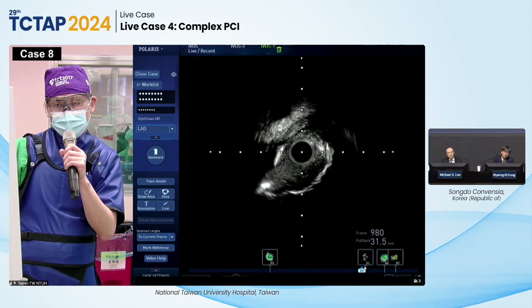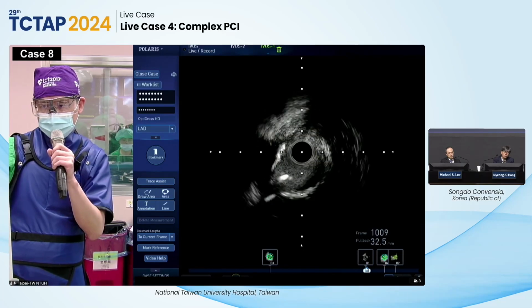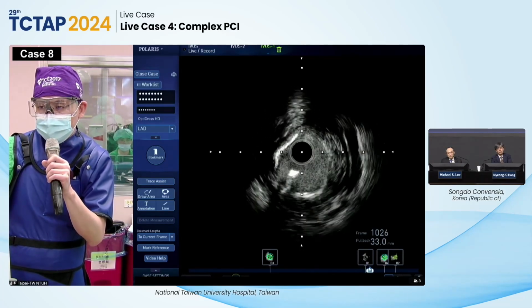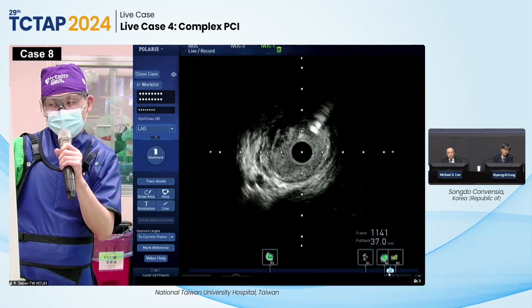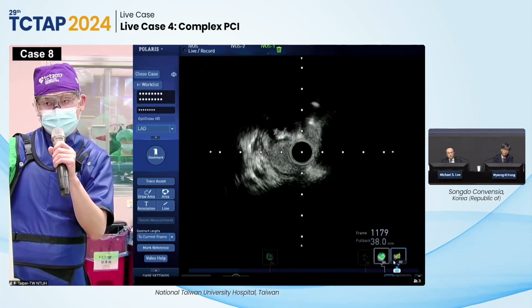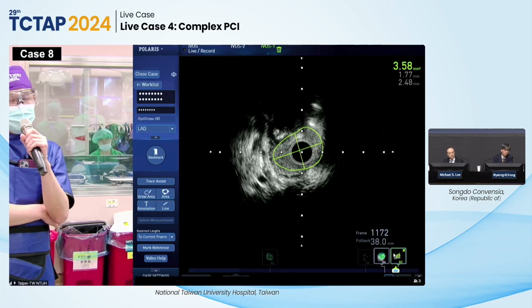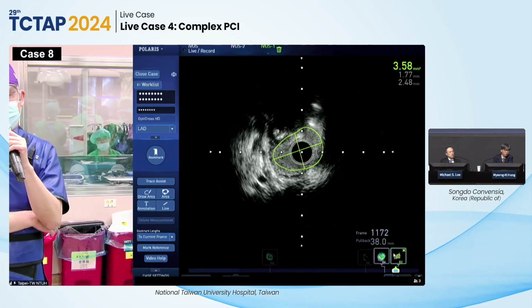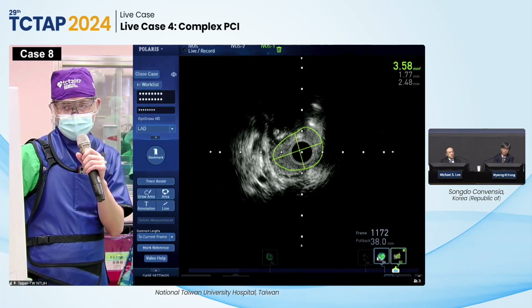Here we see the circumflex guide wire coming into the screen. So this is the distal left main. As we have seen on the angiogram, the LAD ostium itself is severely diseased, and the minimum lumen area is around 3.58 millimeters squared, which is definitely inadequate.